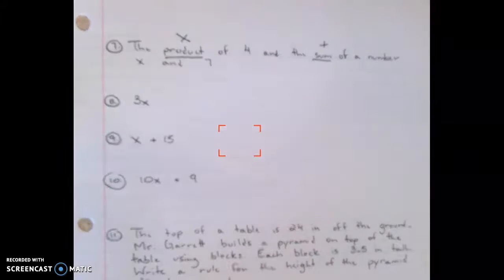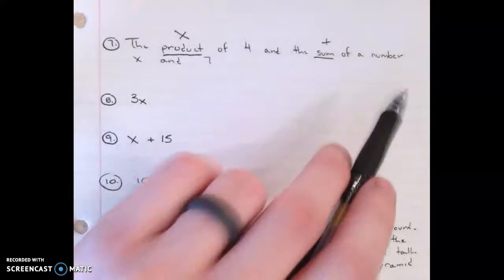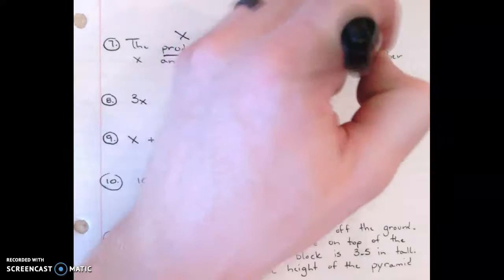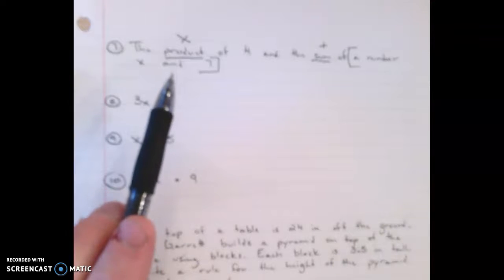So the product of 4 and the sum of a number x and 7. So if we do this here, product, that means multiplication. So I'm multiplying 4 by the sum of this number x and 7. So if I'm multiplying 4 by this sum, then I'm going to have x plus 7.